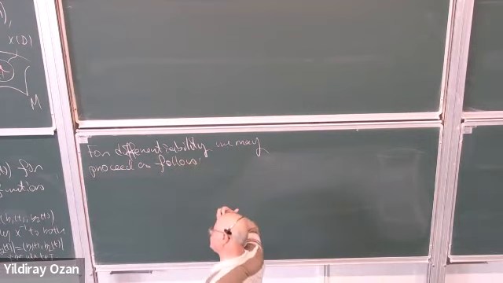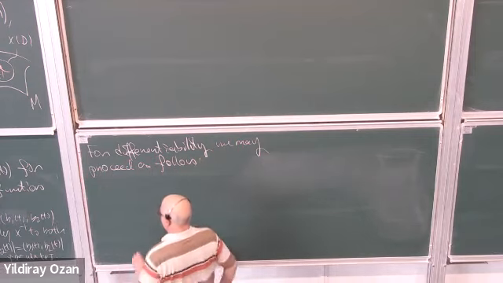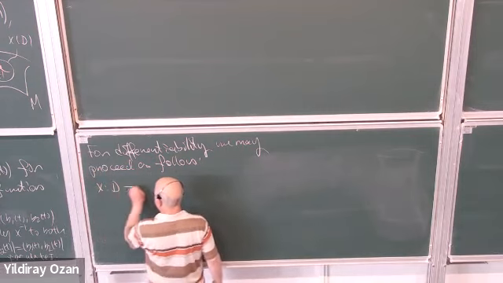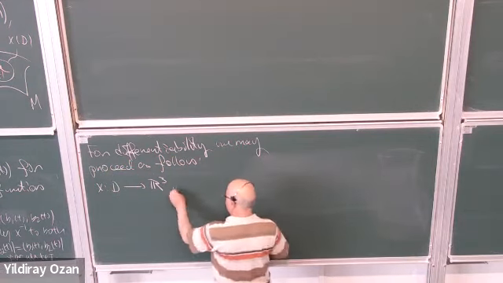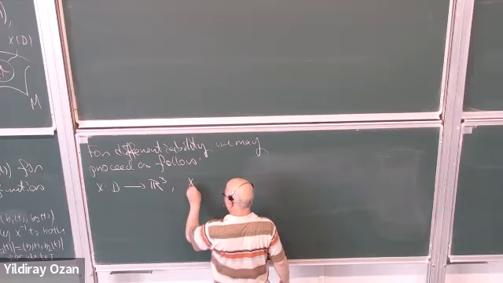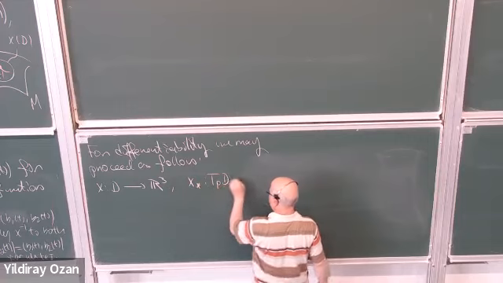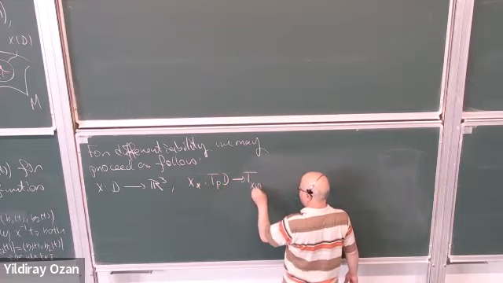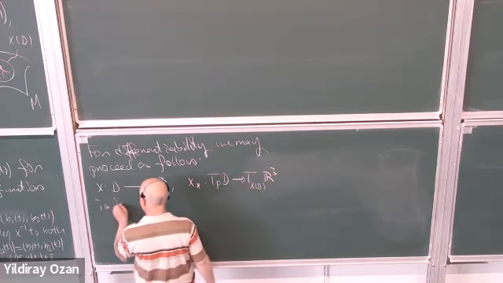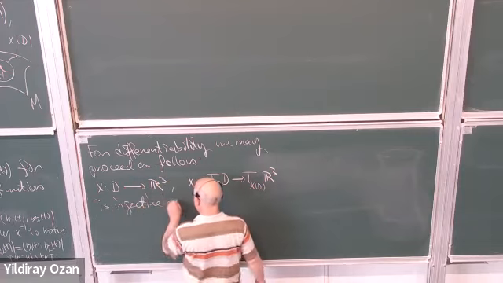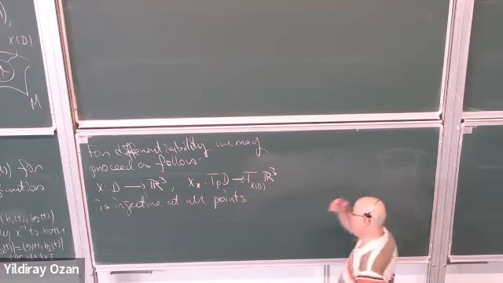Okay, so now I have this map X from D into R3, and what we know is that the differential of this, X star, from the tangent space at P to R3 is injective, at all points.